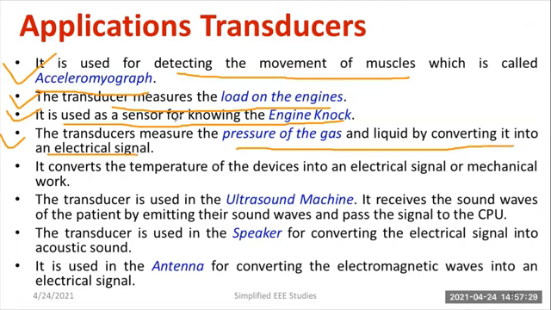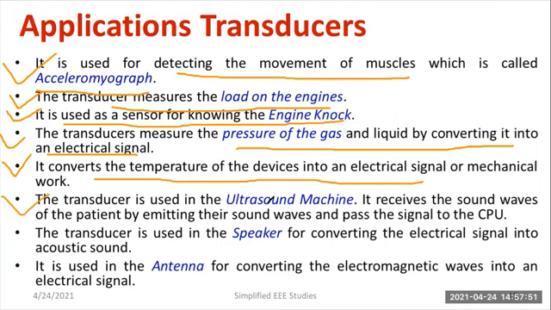So pressure transducers are popular, especially in the oxygen producing industry. Then it converts the temperature of a device into an electrical signal or mechanical work. So, the use of a thermistor in an air conditioning unit.